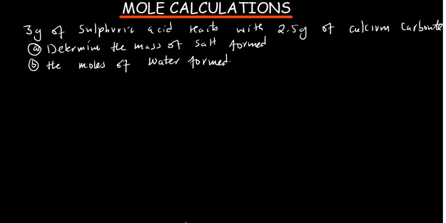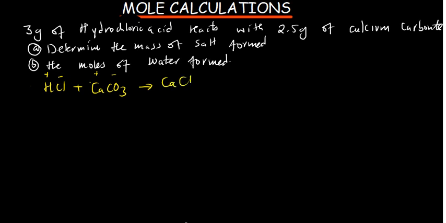So in case of hydrochloric acid, we are going to have HCl plus the same calcium carbonate, and this is going to give us calcium chloride. Here the chlorine is negative, the hydrogen is positive, and here the calcium is positive, the carbonate negative. So the calcium is going to react with the chlorine to form calcium chloride.